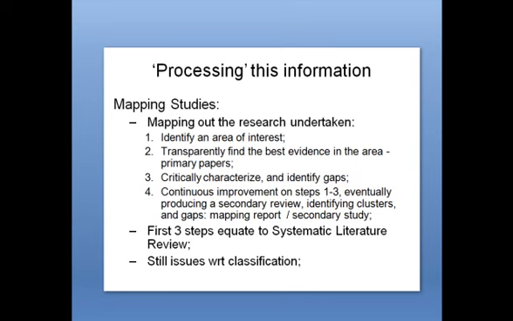You then go and find the best evidence in the area. Typically primary papers are found by looking in the library with your search terms, looking on Google with your search terms, maybe finding very relevant papers, looking at the references of those relevant papers, or looking at other papers that reference them.